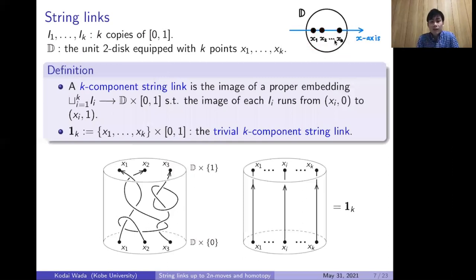Roughly speaking, a string link is a pure braid without the monotone condition.